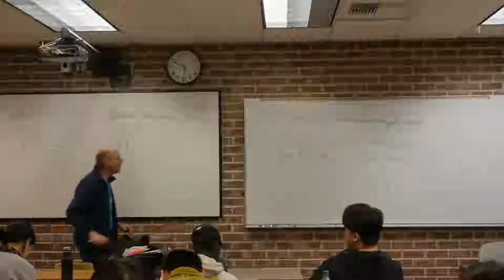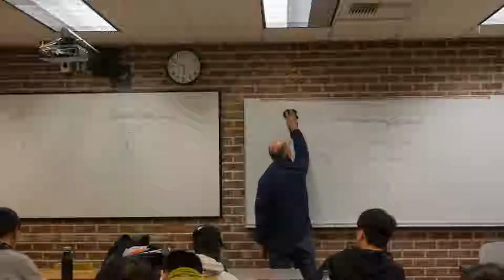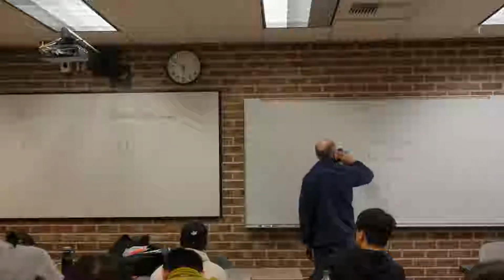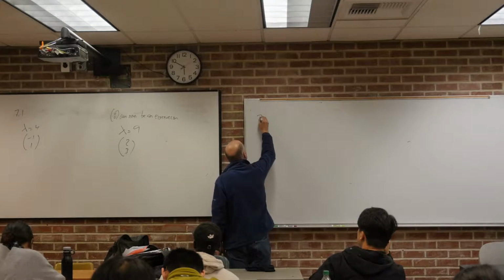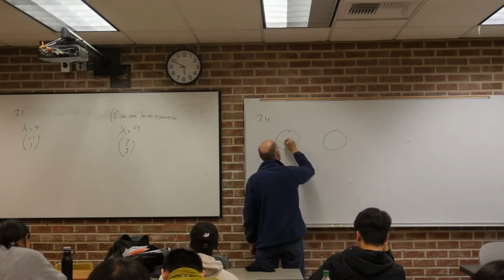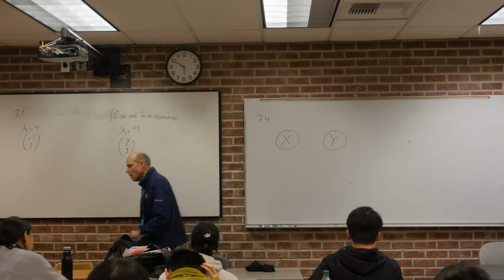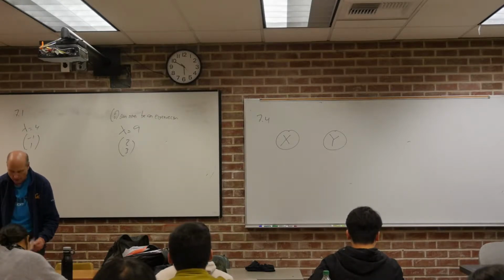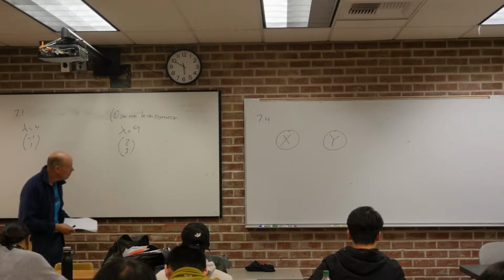So let me show you an application. So this will be 7.4. So imagine that you've got two groups of people, either Democrats and Republicans, or Catholics and Protestants.